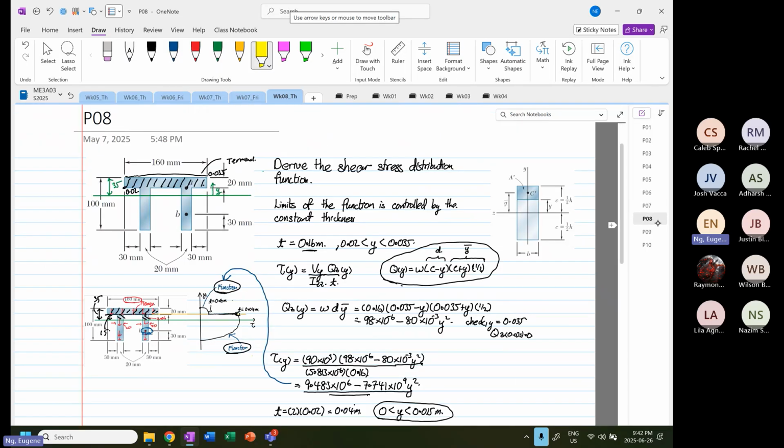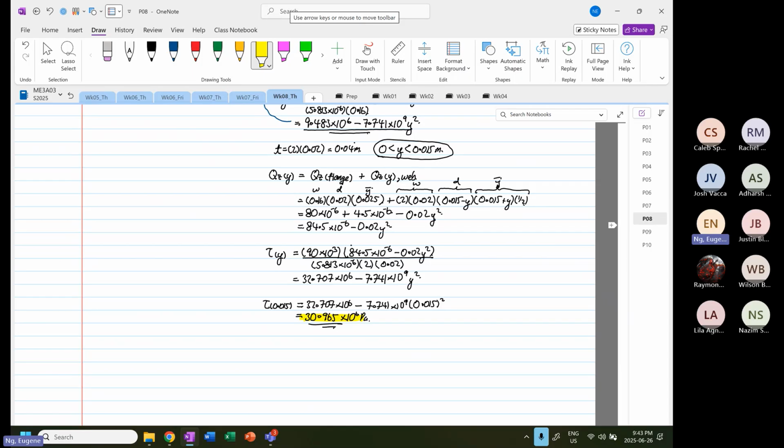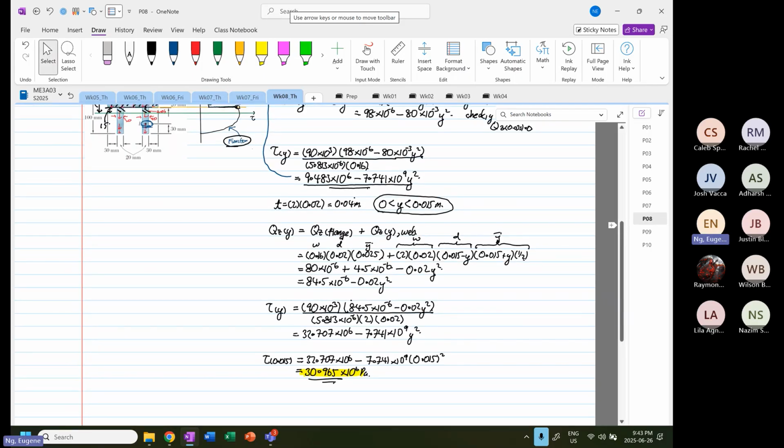And when we substitute into this expression over here, we also get 30.965. So now we know that over here is the distribution in the web section.